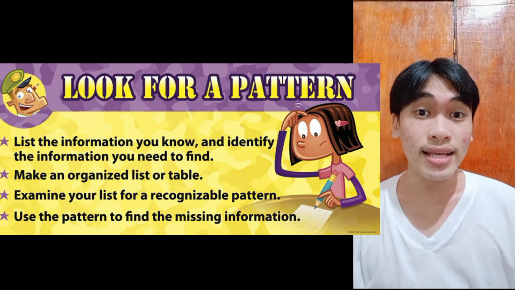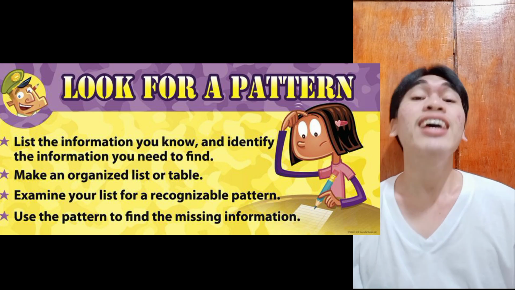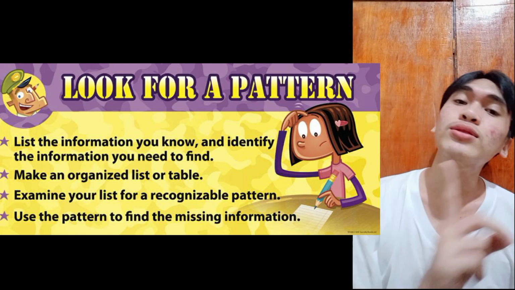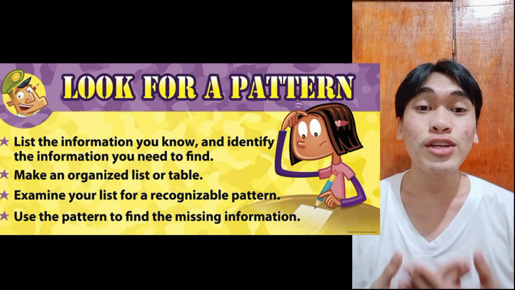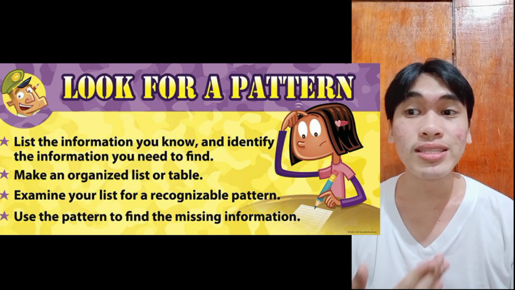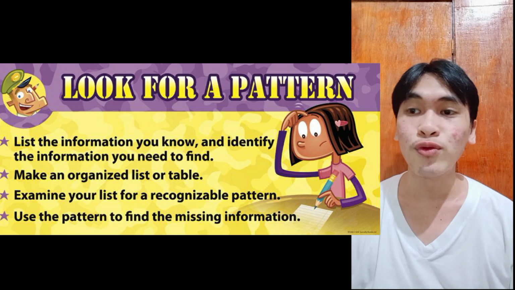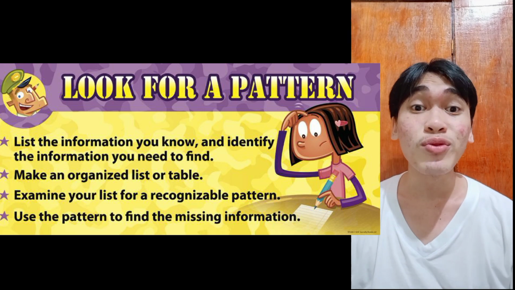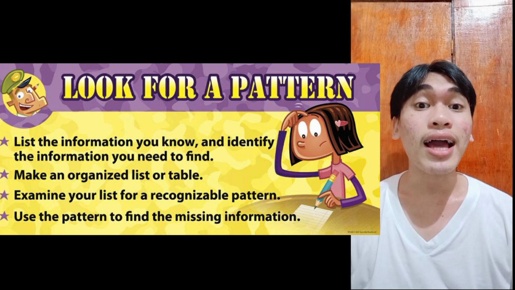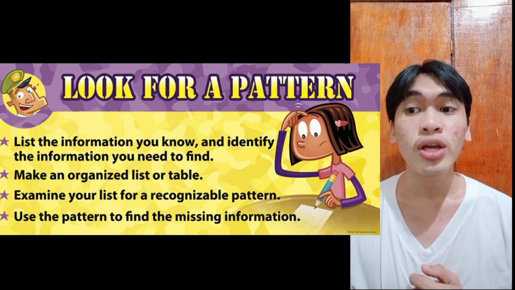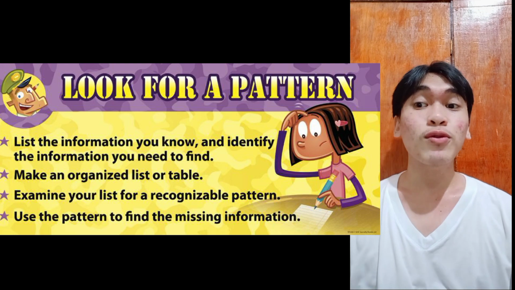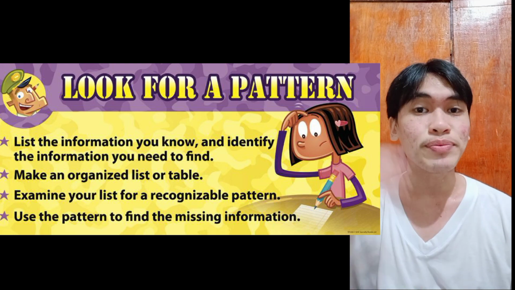So that is a pattern: 1 is to 1, 2 is to 2. See? I generated a pattern. List the information you know and identify the information you need to find. Make an organized list or table. Examine your list for a recognizable pattern.